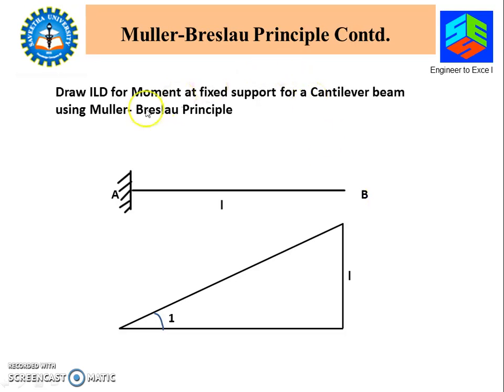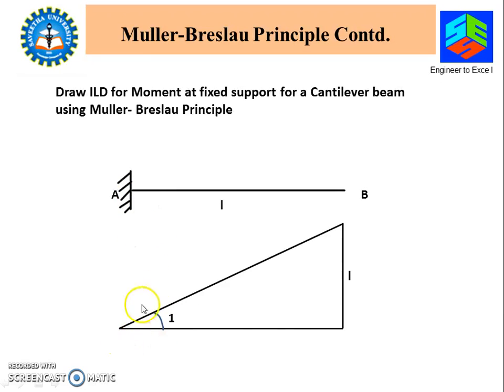See the case: draw the ILD for moment at the fixed support for a cantilever beam using the Muller Breslau principle. So we need to draw the ILD for the moment at A. What do we do? We will remove this restraint and apply a rotation of 1.